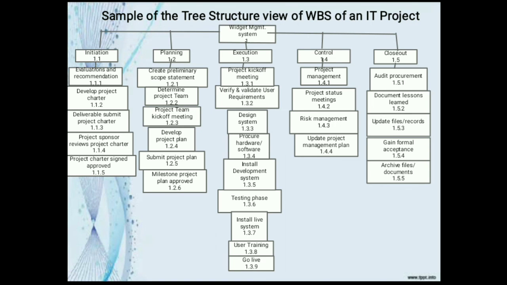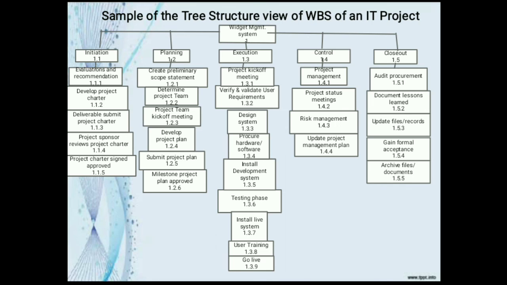The tree structure view is the most well-liked layout for the work breakdown structure. It is very simple to view and understand. At the top of the work breakdown structure is your final deliverable. Immediately beneath that is the next WBS level, which are the main project phases required to complete the project.